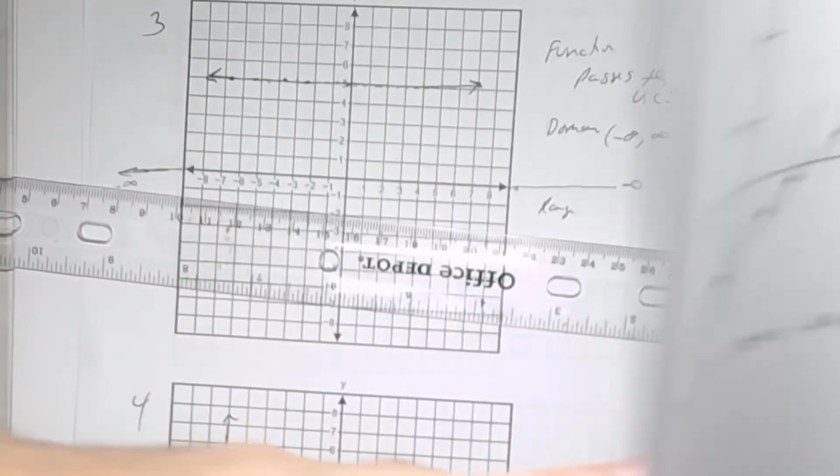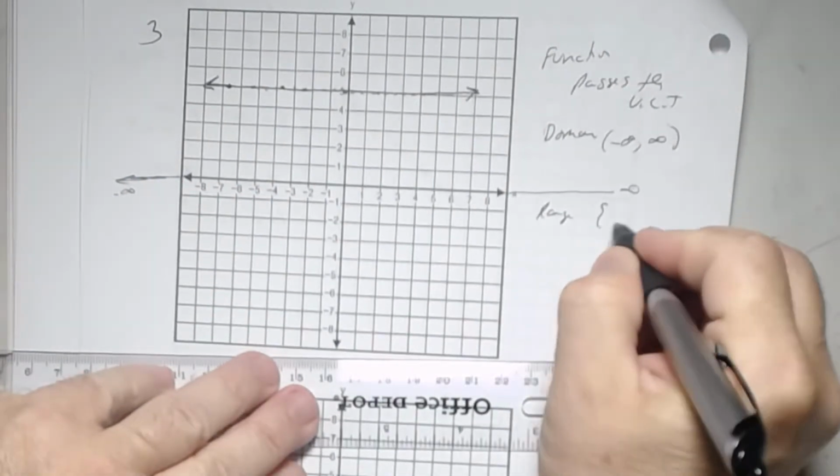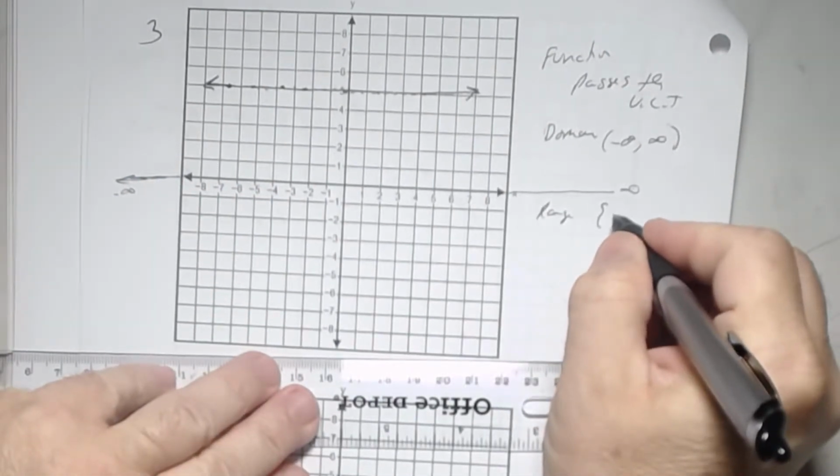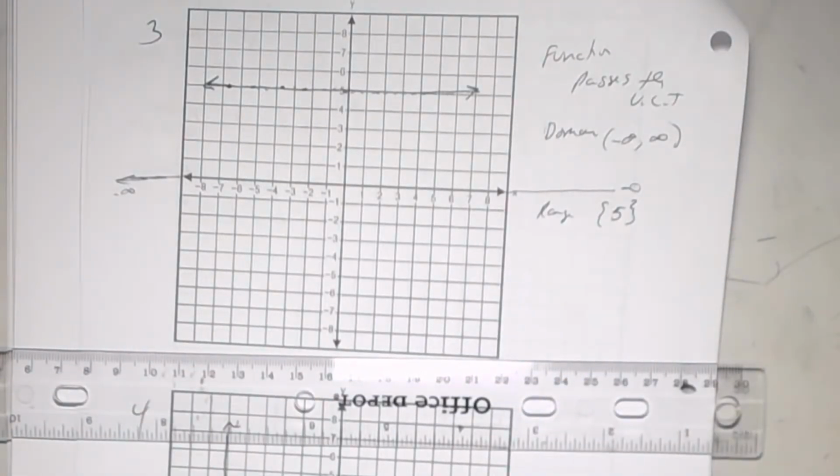With those squiggly braces. So it's going to be a finite set with how many numbers in it? 1. What's that number? 5. And that's all you do. There's your range. The only y value is what on that graph? 5. And how many x coordinates are there though? An infinite number.